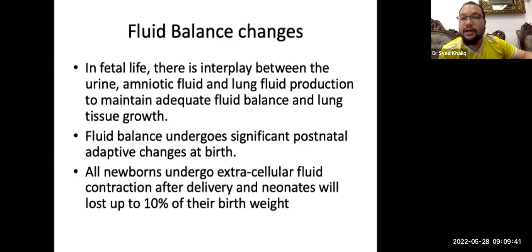Itu diaphragmatic hernia. So in babies with diaphragmatic hernia, for example, abdominal content gets into the thoracic cavity, compresses the lungs. Kan? Bila dia compresses the lungs, lung will not be developing well. Dia tak grow well.